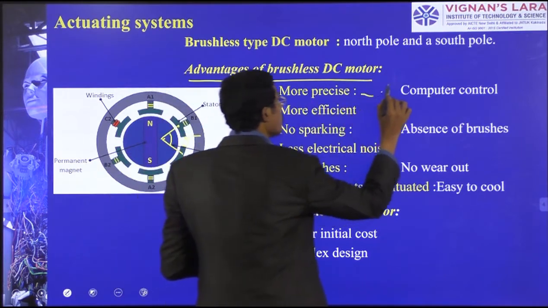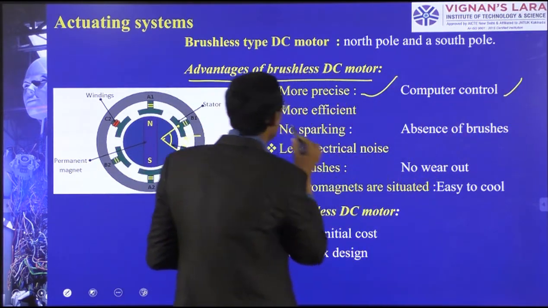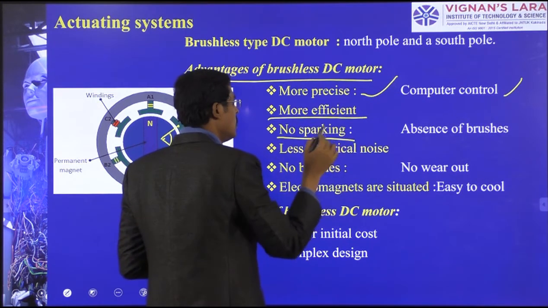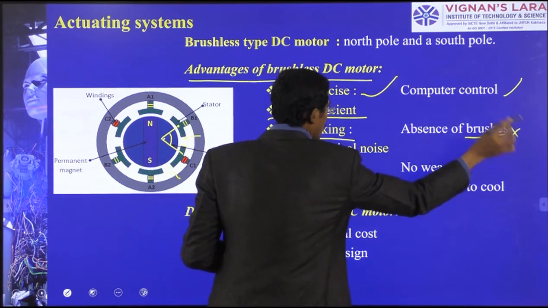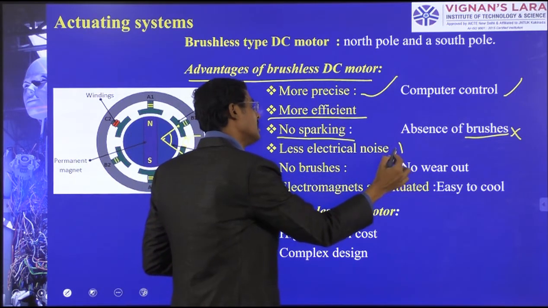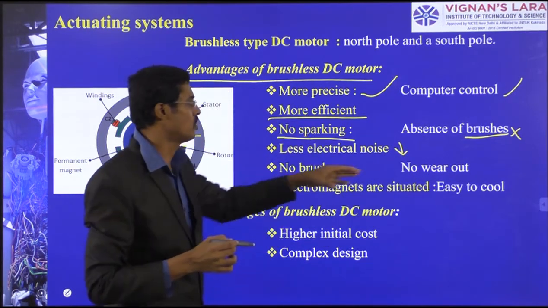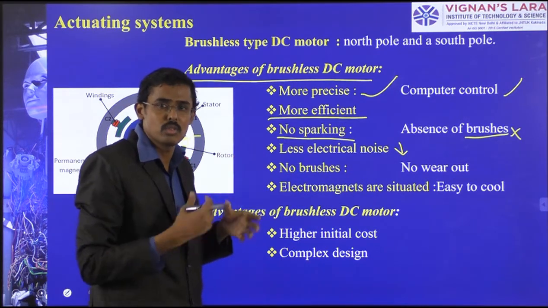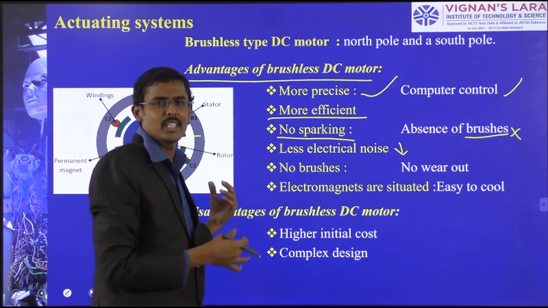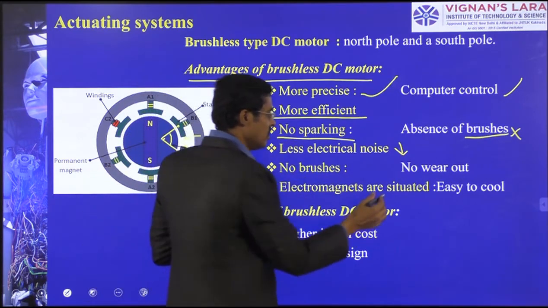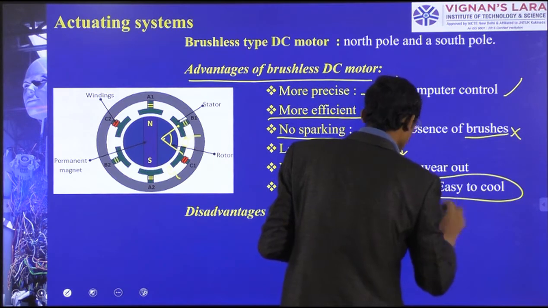So more precise operations, computer control, more efficient operation, and no sparking, as brushes are not used. Less electrical noise is also getting reduced. No brushes, no wear out. As the brushes are not there, there is no wearing. Just windings, supply, and then it is rotating. Electromagnets are situated so they are easy to cool.